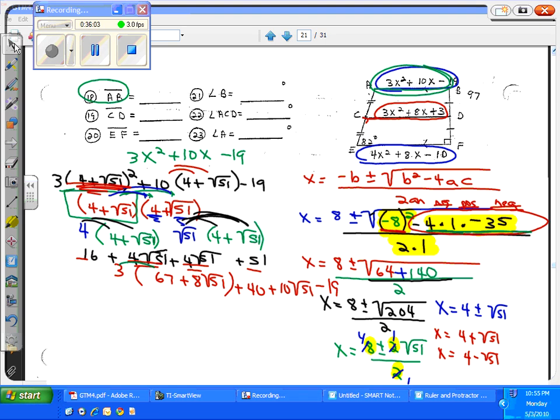We're going to distribute again. We're going to have 3 times 67 is 201, plus 3 times 8 is 24 square roots of 51, plus 40, plus 10 square roots of 51, minus 19.